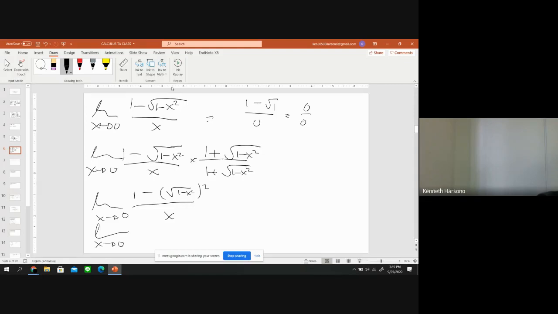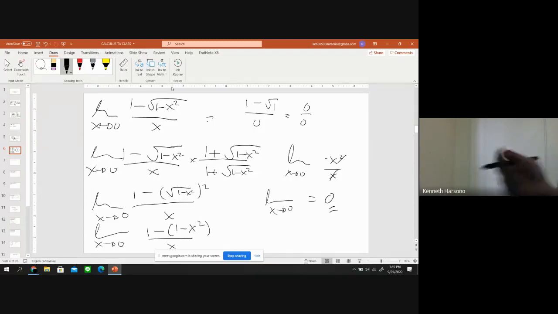The square of a square root is just the number inside, so 1 minus (1 minus x squared) over x. That becomes, as x approaches 0, x squared over x. You can cancel the x from the bottom, and you can substitute the 0 right now. So the limit as x approaches 0 is just 0. Okay, we get the satisfying answer here, 0.